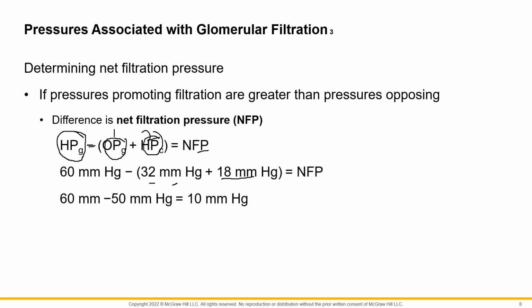If you add the stuff in the parentheses, it is 50 millimeters of mercury, which is what your tax would be. This is your gross income, right? So 60 minus 50 equals 10 millimeters of mercury. So 10 millimeters of mercury is typically what the net filtration pressure is. This is the pressure at which the filtrate is formed and goes into the proximal convoluted tubule.